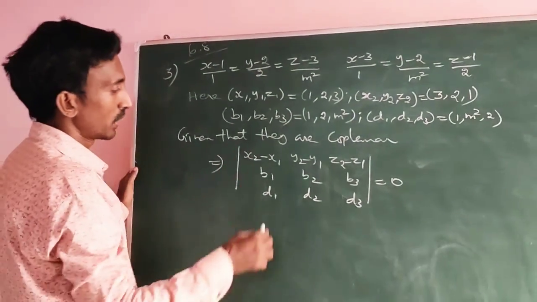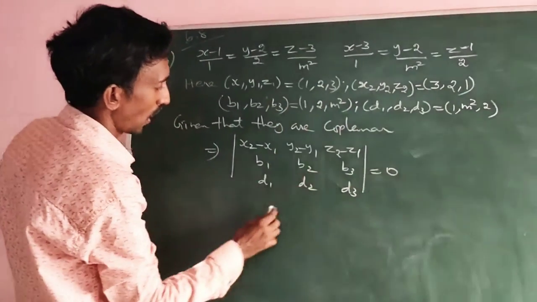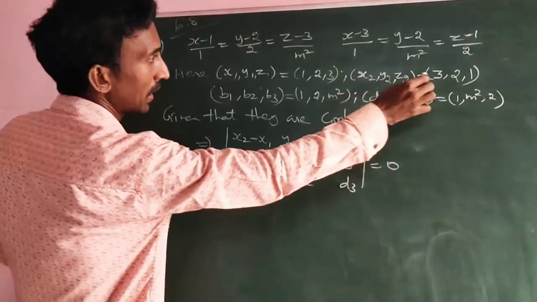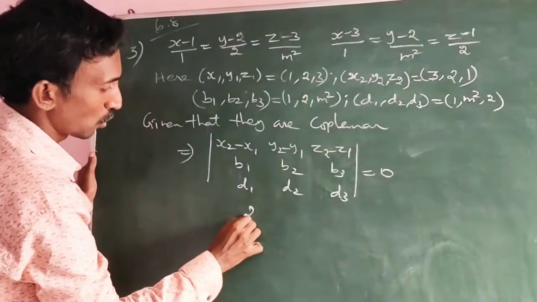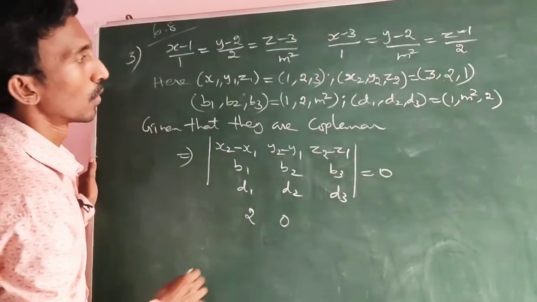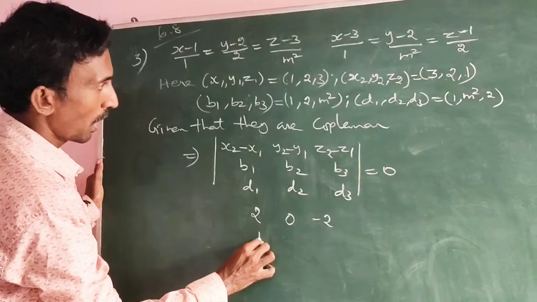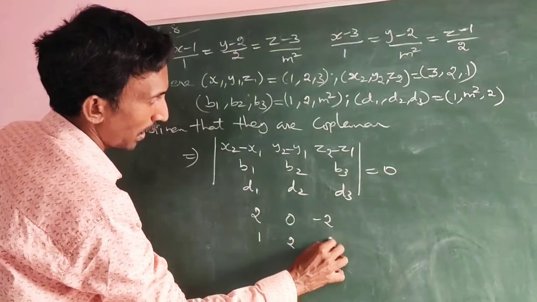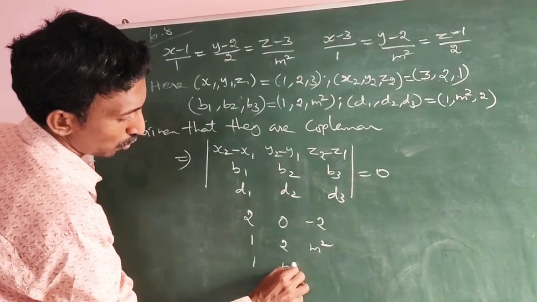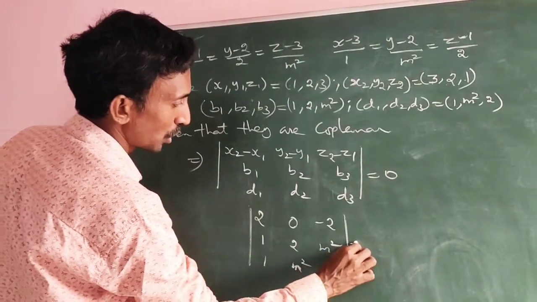So find out x2 minus x1: 3 minus 1, I am writing directly, 2, 2 minus 2, 0, 1 minus 3, minus 2, 1, 2, m square, 1, m square, 2, which is equal to 0.